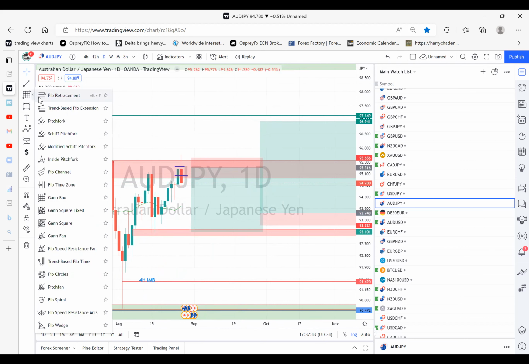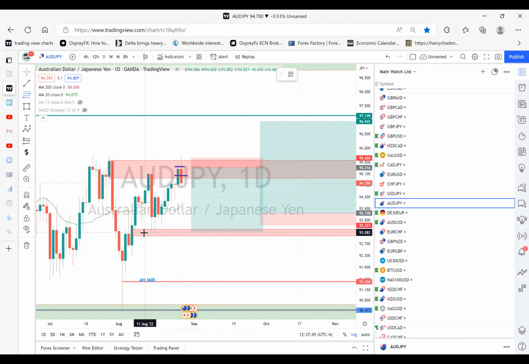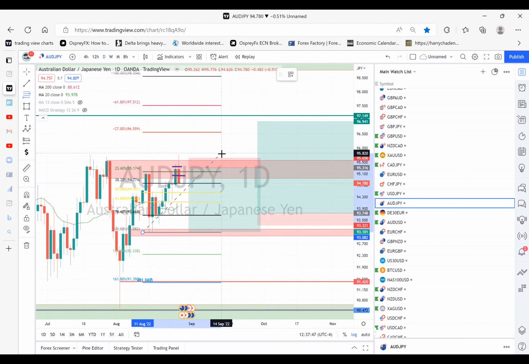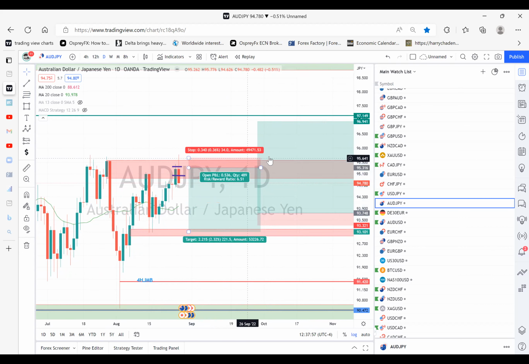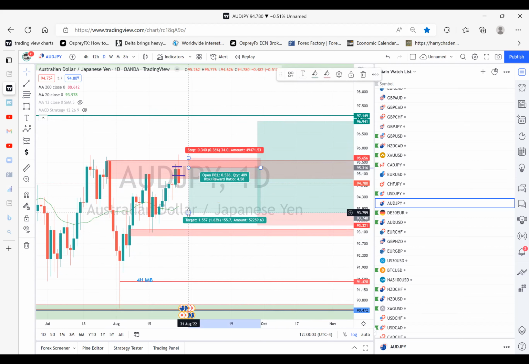Let me check. Yeah, wow, it does line up pretty nicely. If you're gonna sell it, I would definitely look to take profit here versus all the way down there.